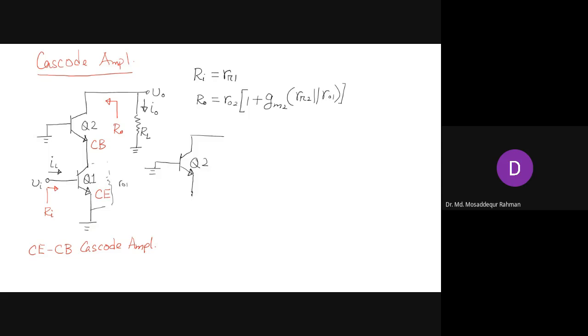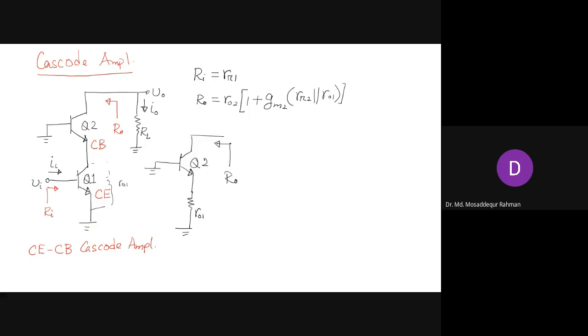So these two circuits are equivalent as far as Q2 is concerned. With respect to Q2, if you just connect a resistance R01, it will feel the same. So the resistance that you are looking at from here is the output resistance R0.